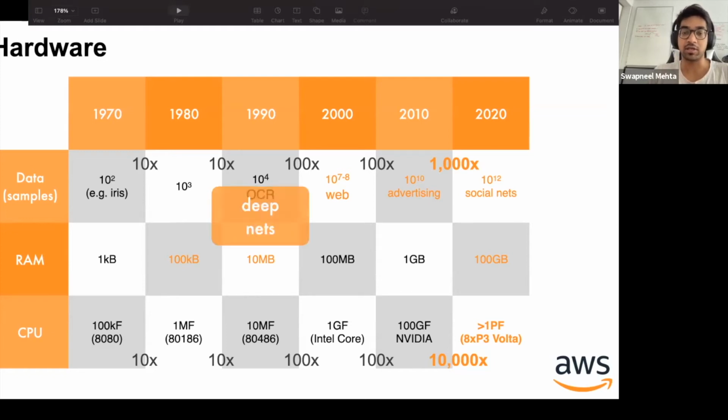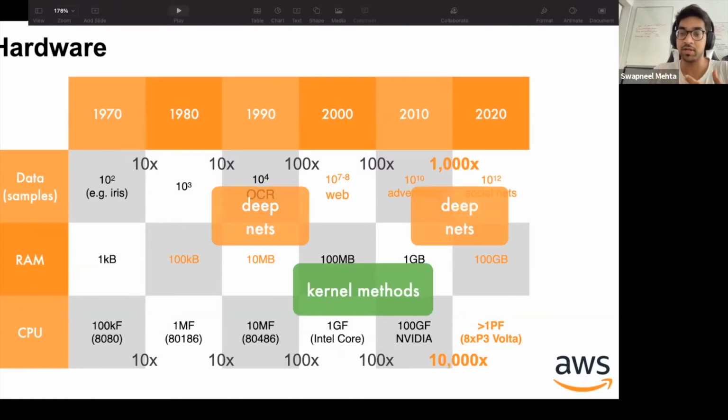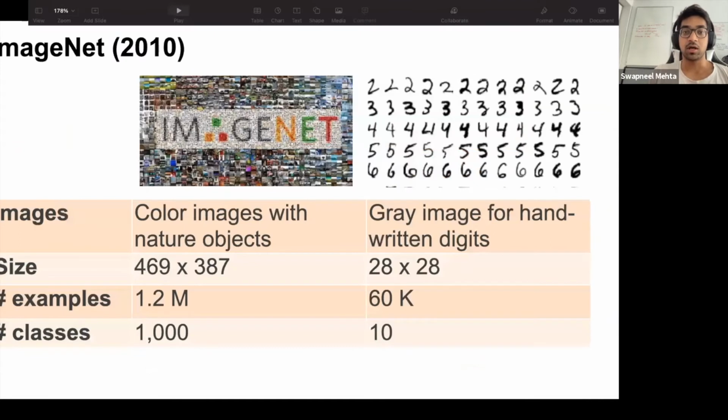What I really want to give you the intuition for is that in the 90s, there were deep nets, then there were kernel methods, and then we went back to the era of deep nets, mainly because of this data and this hardware boom. Cool. So in the 2010s, some folks at Stanford came up with the ImageNet challenge, where they said, okay, we have a much bigger data set than MNIST, so we can do more things now.